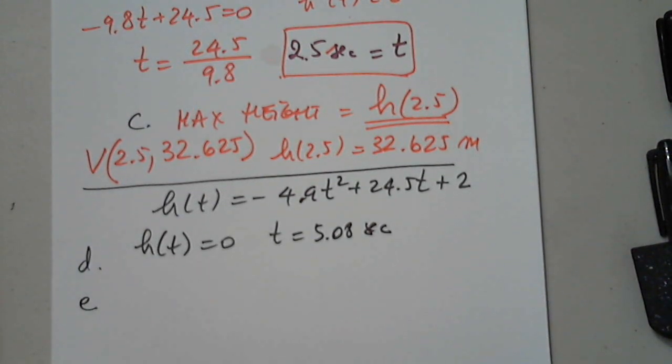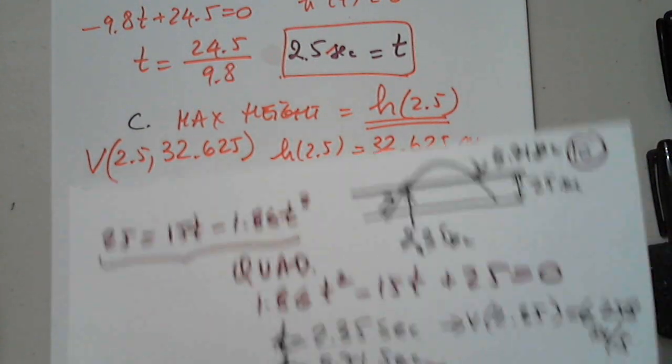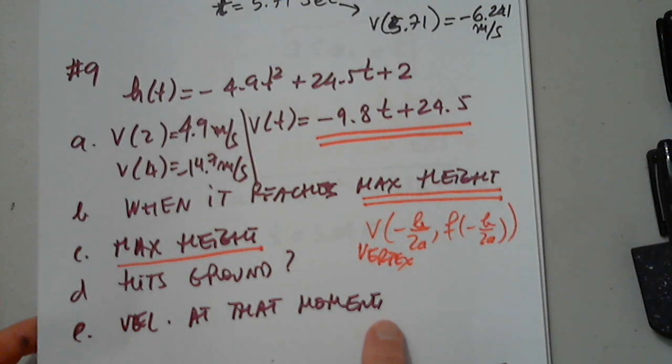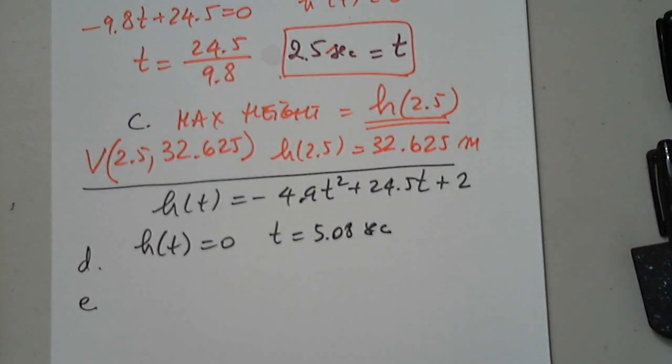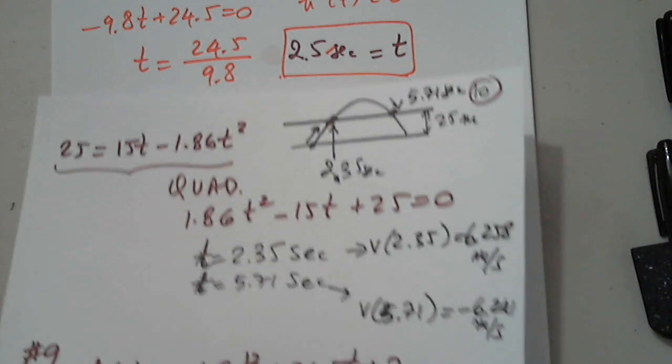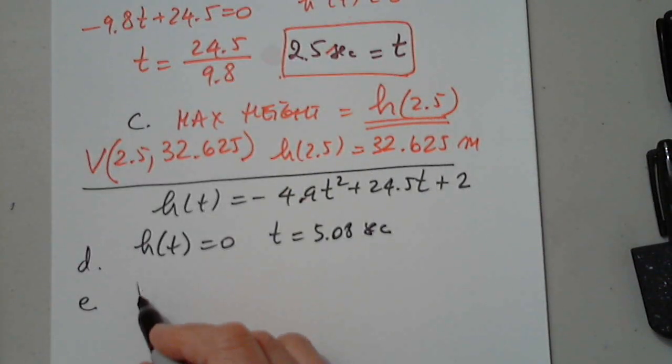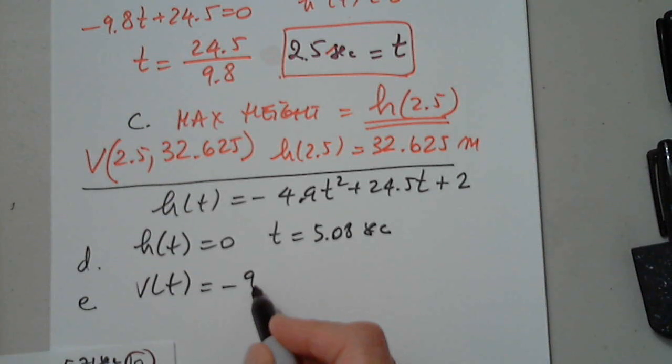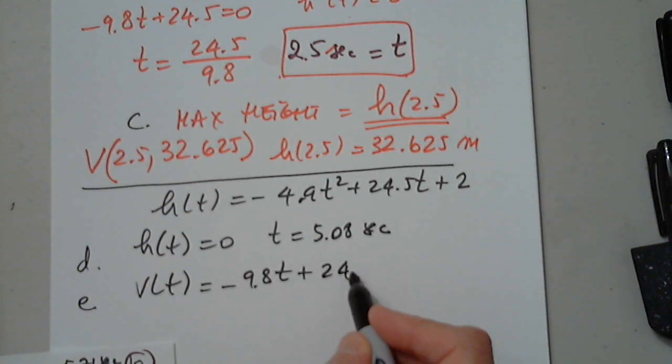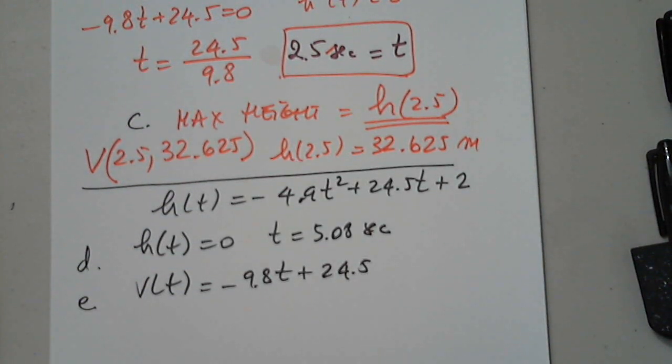And now in the last part, it says, what is the velocity at that moment? How do I determine the velocity at that moment? Plug in 5.08.